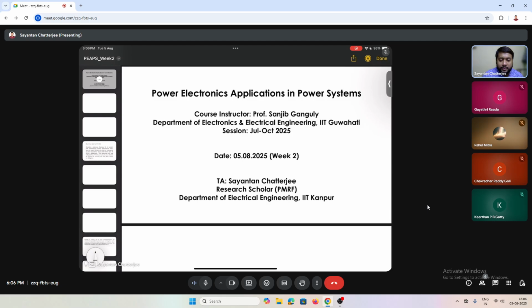The major limitation in the modern day transmission line is the right of way.